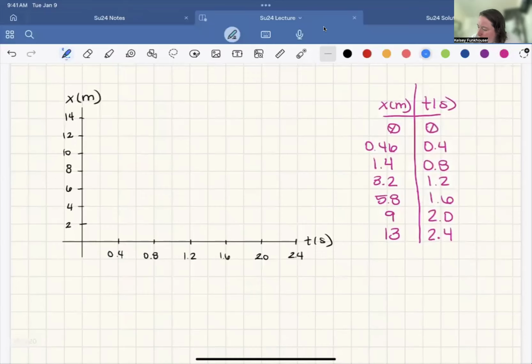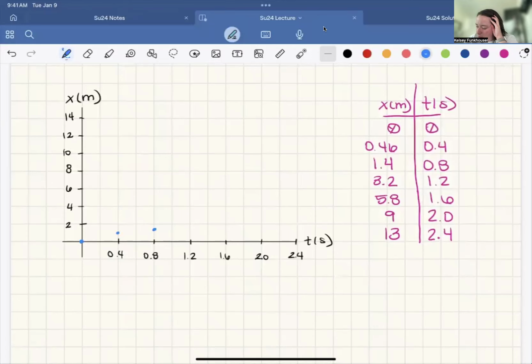Okay. Let's start. We start at 0, and then at 0.4 seconds, we're at 0.46 meters. So that's a little bit less than halfway to the 2. So, I mean, we'll do our best there. At 0.8, we are at 1.4. So that's kind of halfway between our last point and the 2. Pretty close. And then we're at 1.2 and 3.2.